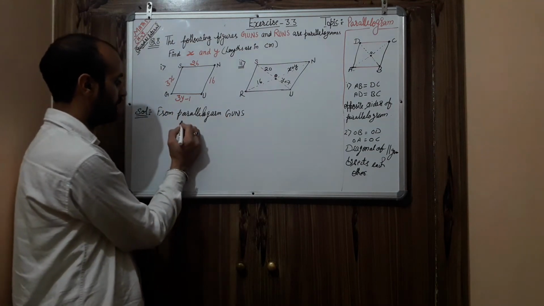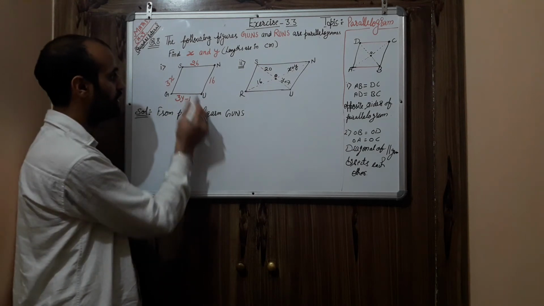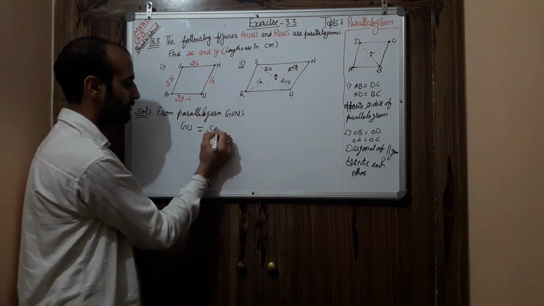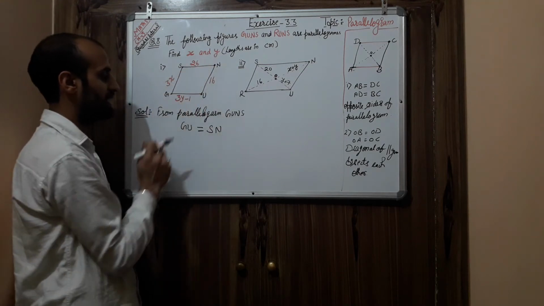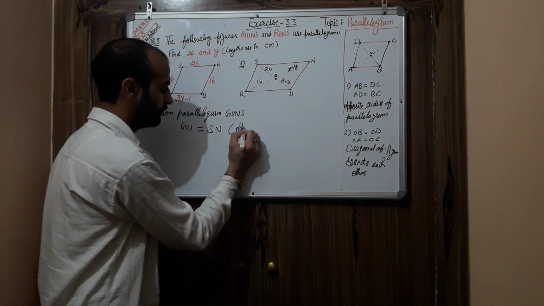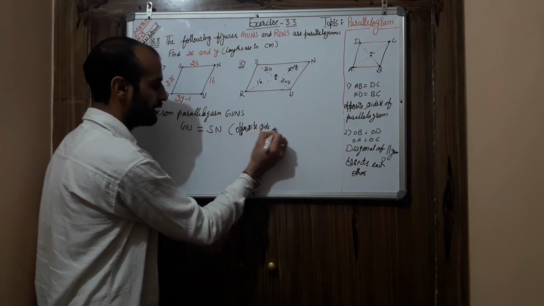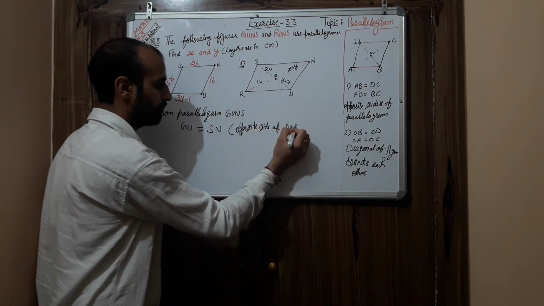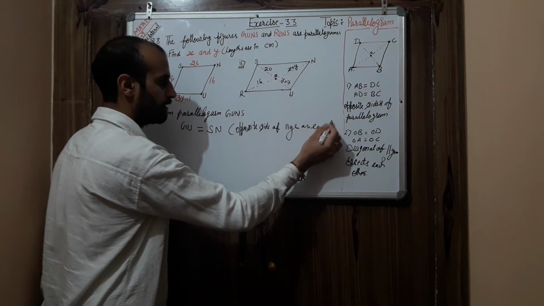We can write GU, first length, is equal to SN. Why? The reason you can write here is opposite sides of a parallelogram are equal. This is the reason required here.